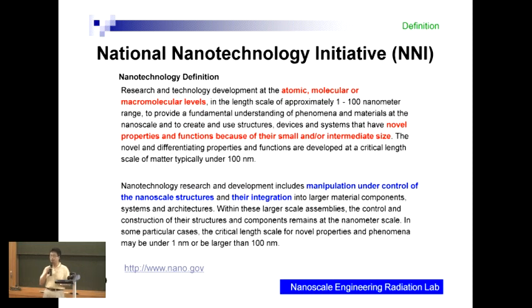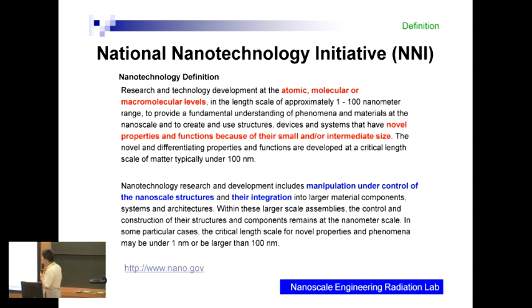The continuum assumption. Those novelties, because of a small scale, is what? Is the continuum assumption breaks down. So the material itself no more shows its property anymore. It shows something new. That's because continuum assumption breaks down. So here gives you the idea, because of its tiny sizes.